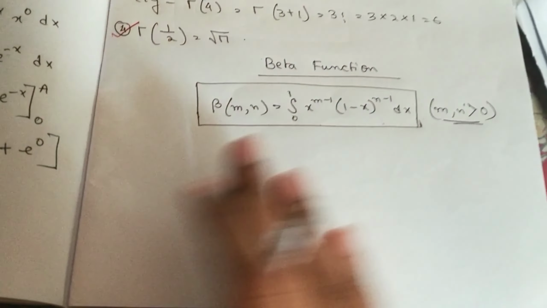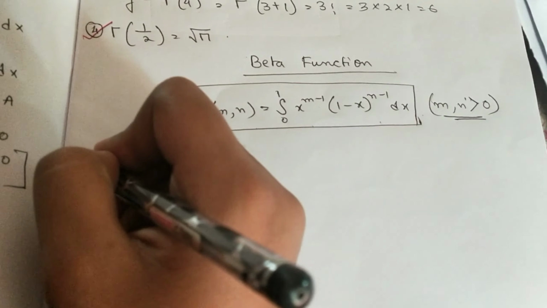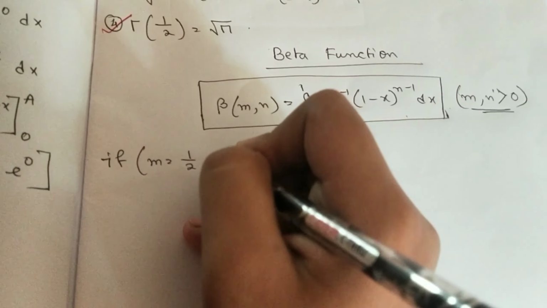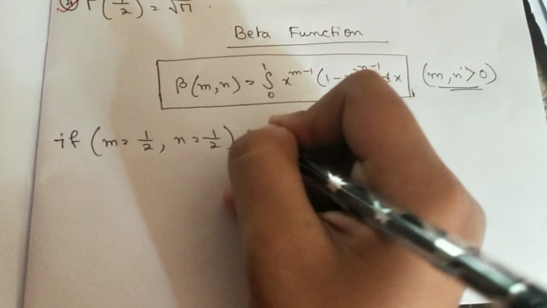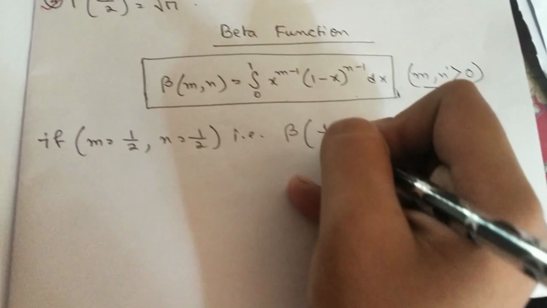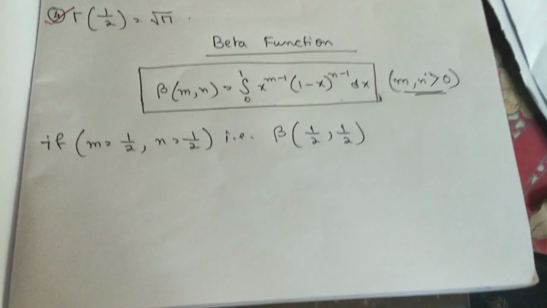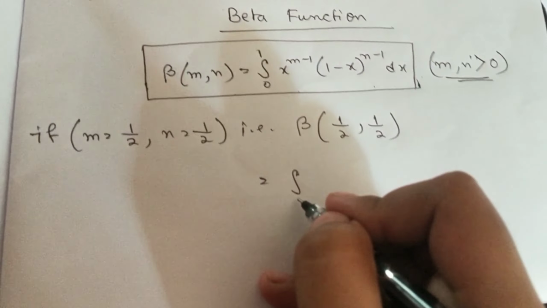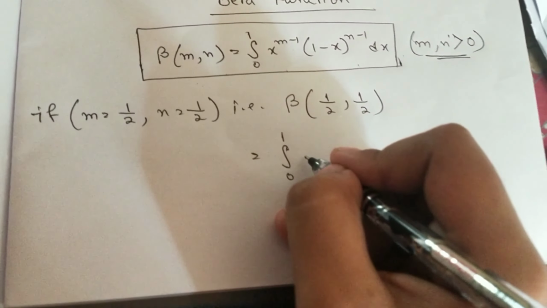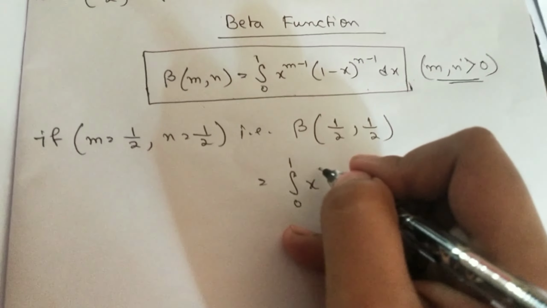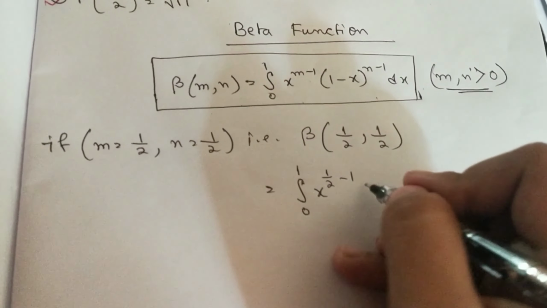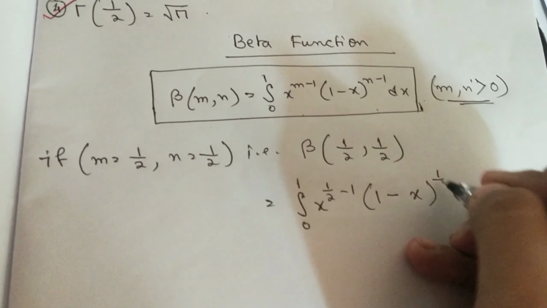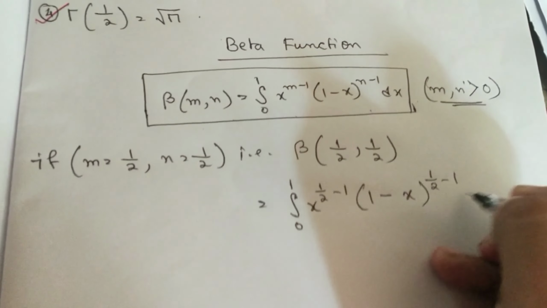So let me tell you how to use this formula. Suppose m equal to half, also n equal to half, that is beta half comma half, right? We can write as integral 0 to 1 x to the power half minus 1, 1 minus x to the power n minus 1, so half minus 1, dx.